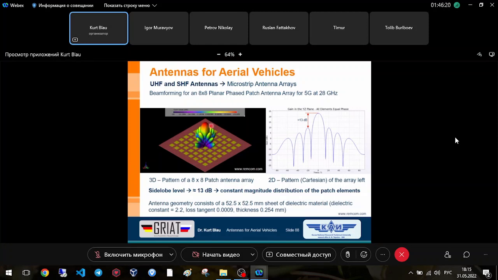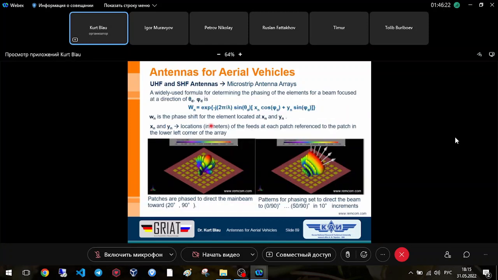And how can we achieve this? This is shown here. For instance, these patches are now fed with the same magnitude, but with different phase angles from element to element. Let's say the reference element is in the lower left corner of the area.